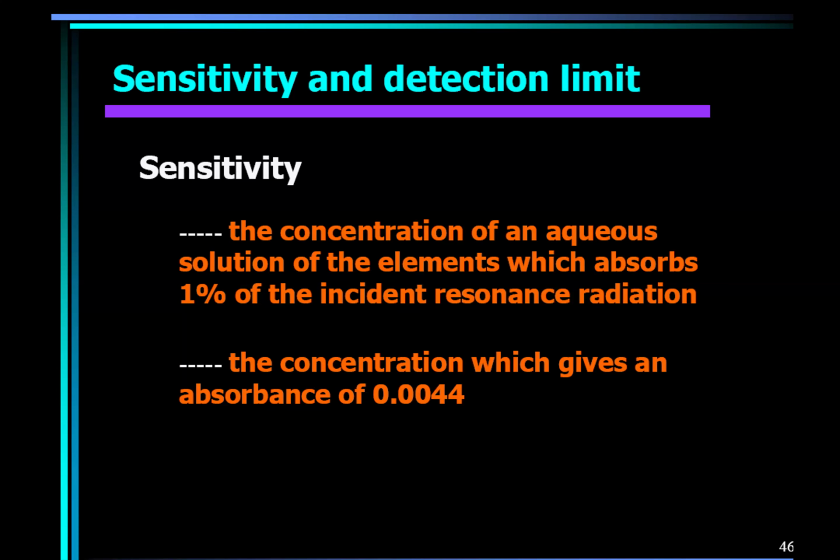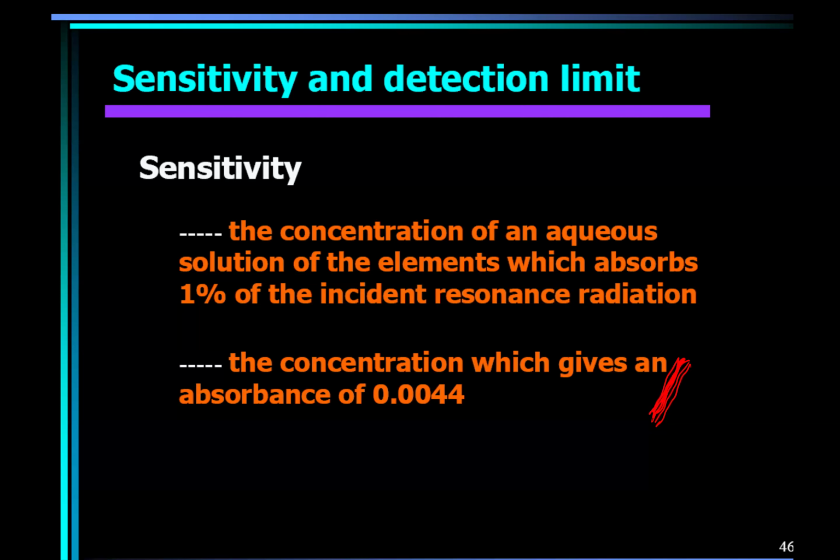But you will see a familiar term that you may usually identify with in AA, which is the concentration which gives an absorbance of 0.0044. You might want to think about that.